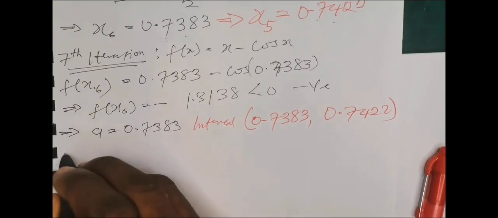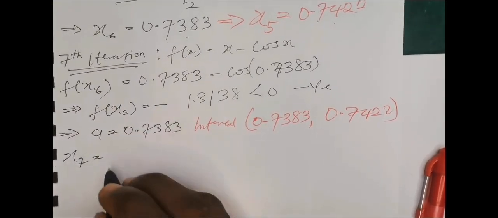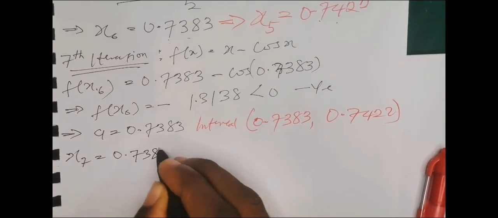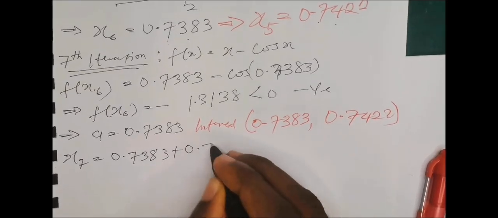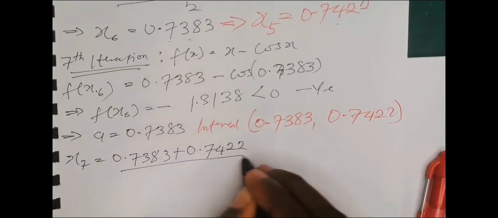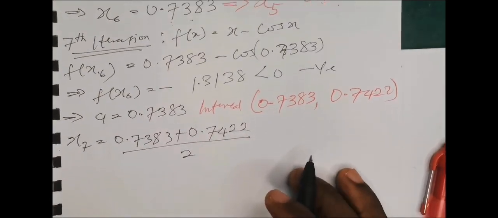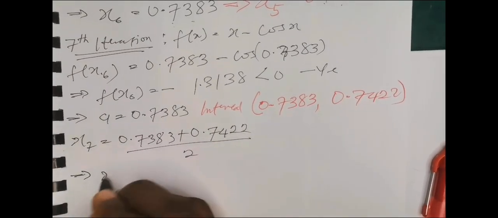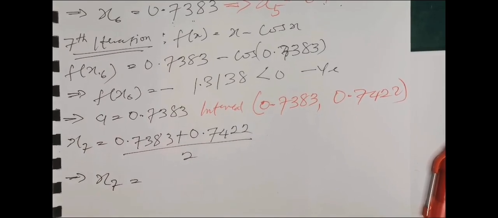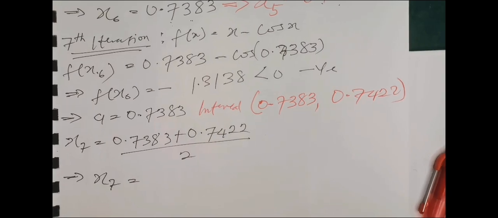So we find the seventh root, s7, which is equal to 0.7383 plus 0.7422 divided by 2. This simply gives us 0.7403.